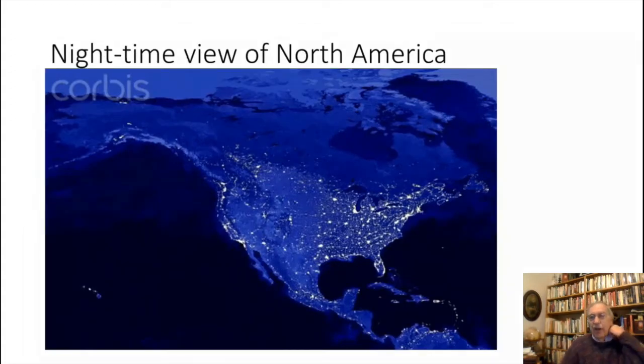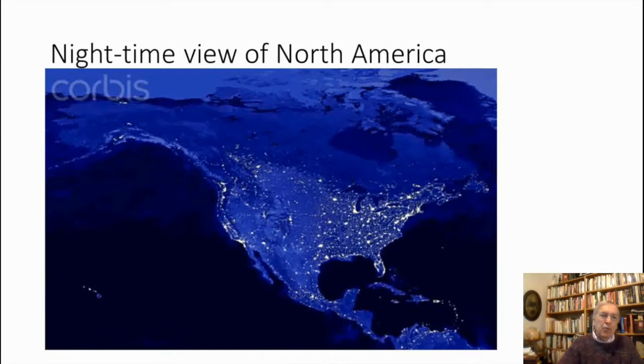Another way to think of those urbanized areas, and you can see a lot of these on the web if you're interested, is to look for these nighttime views. These are satellite photographs of what places look like when they're lit up at night.